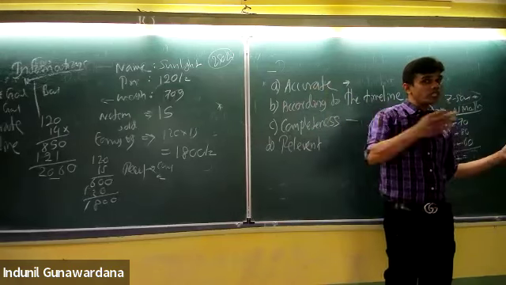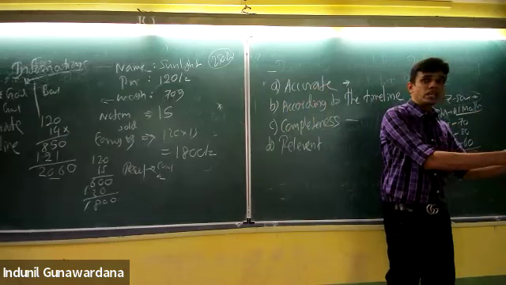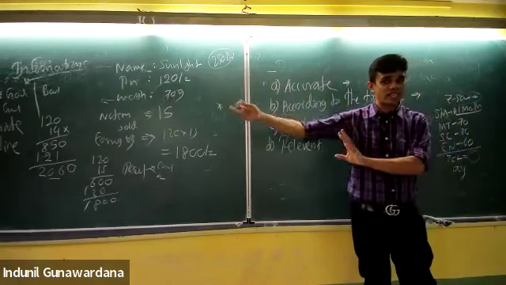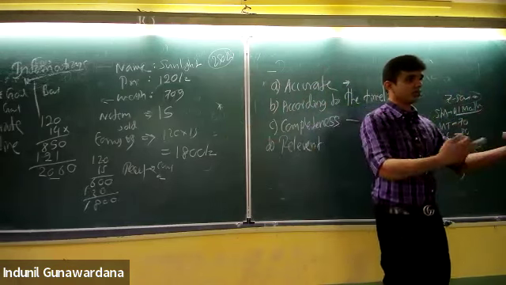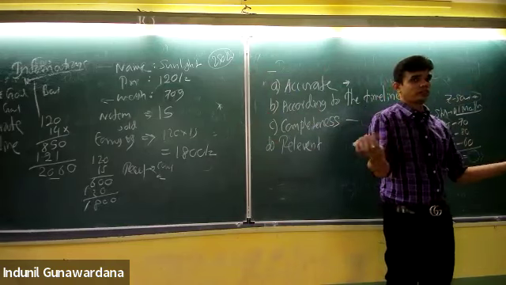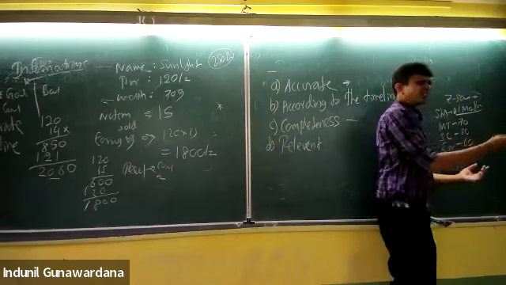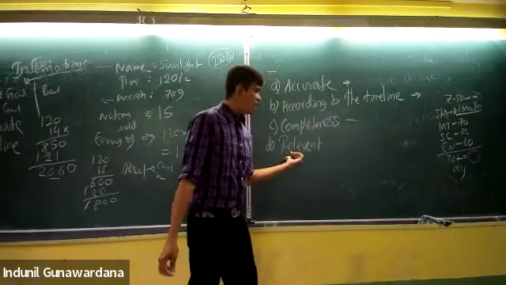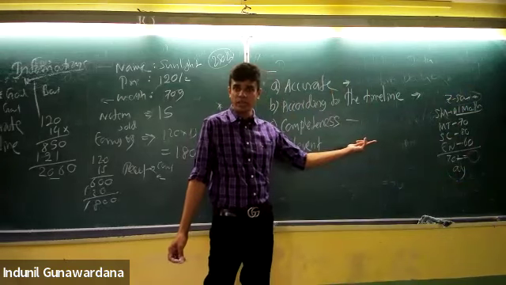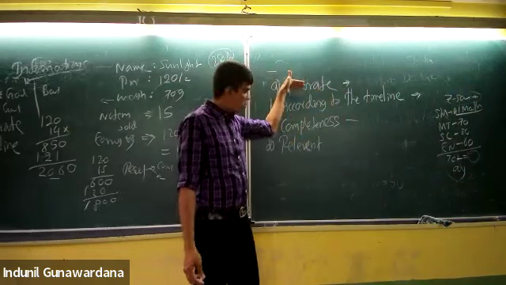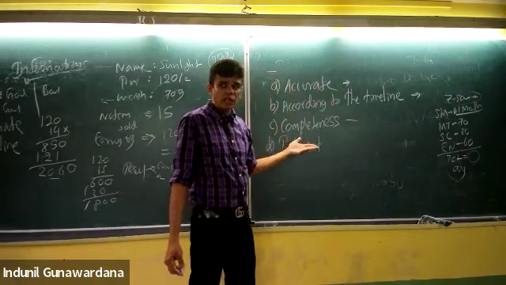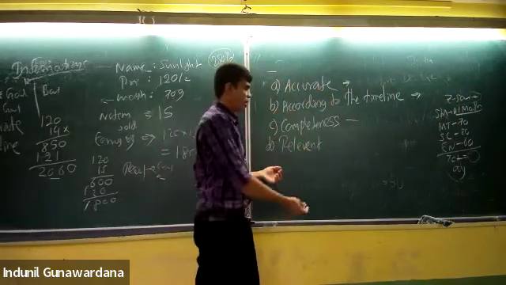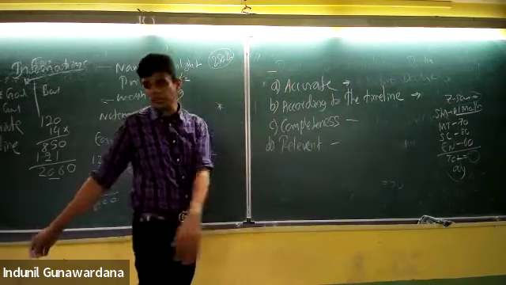Why? We can't measure our class members against the other classes. Other classes have the average, here we have this score, so we can't scale them. Therefore, the information you obtain has to be relevant. That's one example only. What you have to do is memorize these features. I'm giving examples for you to emphasize what they are. They are very simple things. All right, next one is relevant, right?